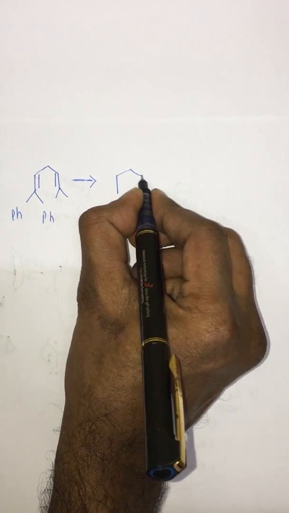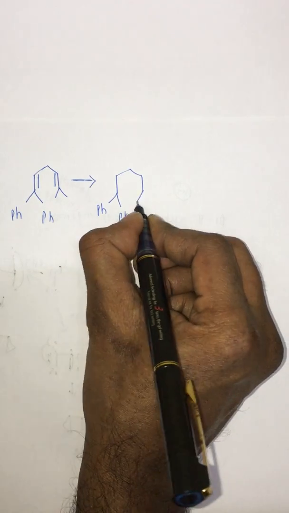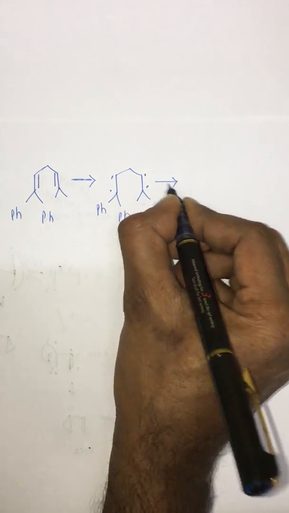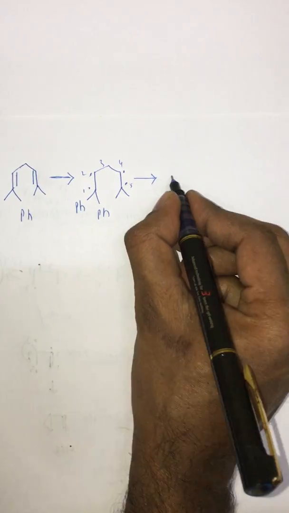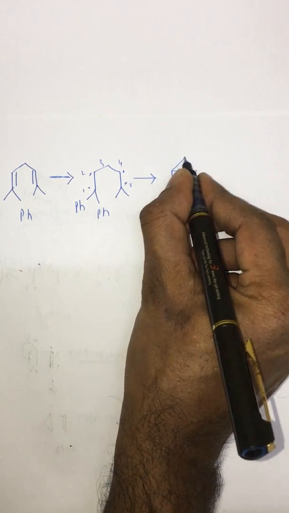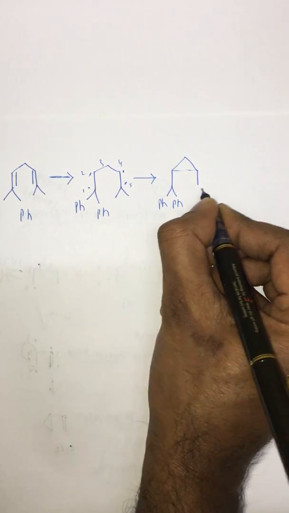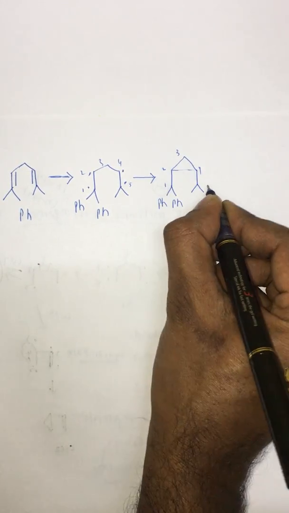So here also same procedure. Now 1 2 3 4 5, C2C4 forms a bond here.